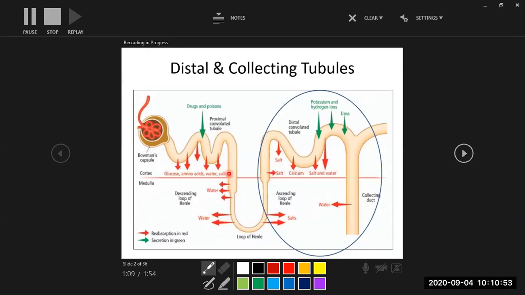So here, basically, the tubule will reach a concentration almost equivalent to the inner medulla, which is about 1200 milliosmol. And then from here on, the tubule is not permeable to water.